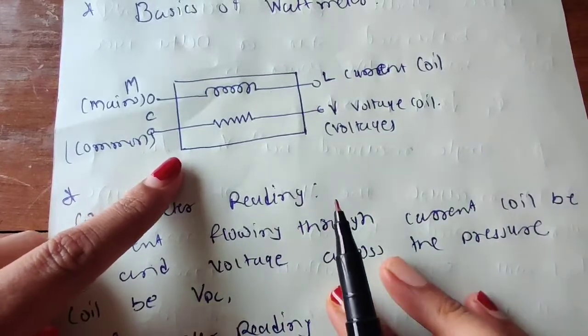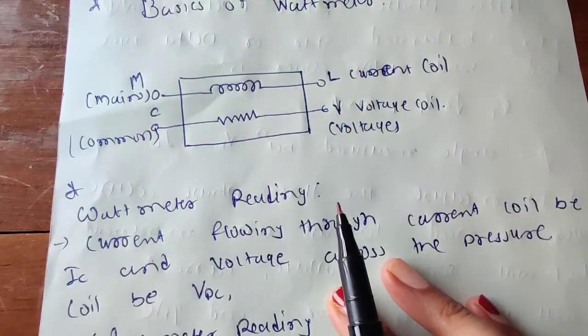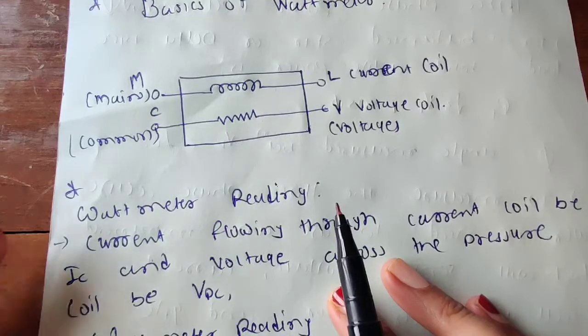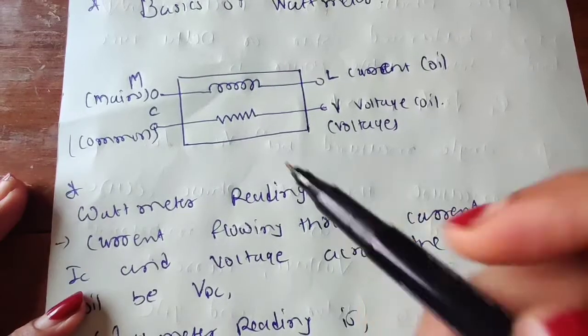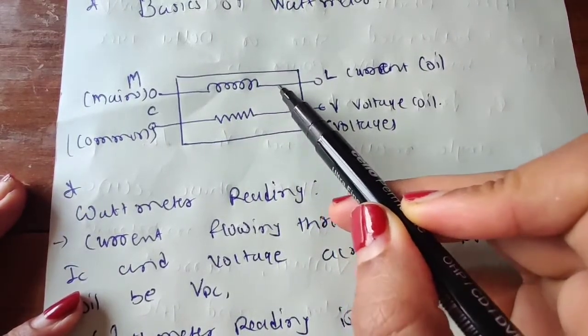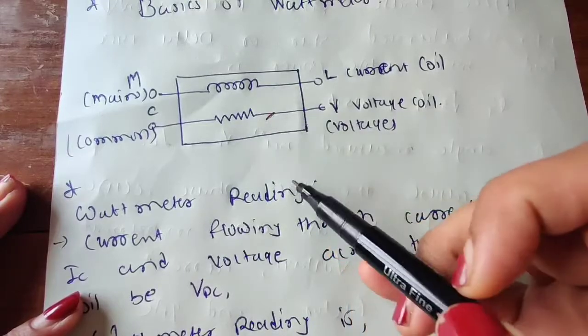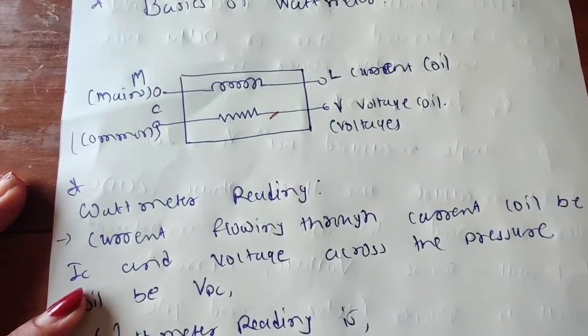The resistance of this coil is very large, and it is made of thin wire with a large number of turns. So for a current coil, resistance is very small; for a voltage coil, resistance is very large.